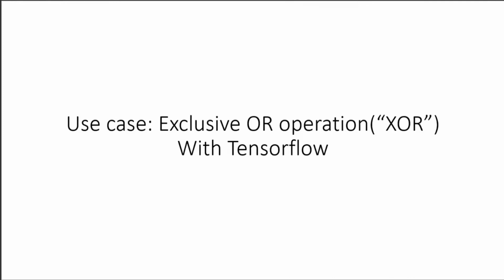This is a very simple project, basically. This is the best way to understand the neural network. In other words, you can say this project is about exclusive OR, or an XOR recognition system.